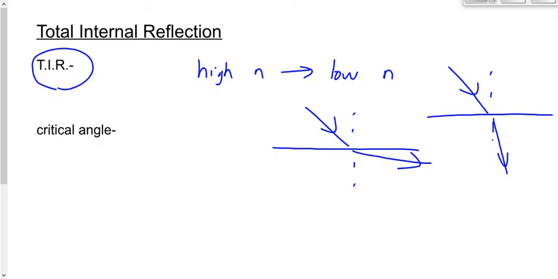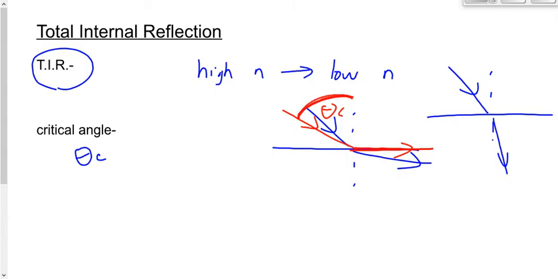Now, critical angle is that minimum angle at which total internal reflection begins to occur. So if we draw this, reflection isn't occurring right there, but if we draw an angle of incidence a little bit bigger here, and we see that that refracted ray doesn't really refract, but rather skips along the boundary, that's the point at which reflection begins to occur. This angle, as measured from the normal line right here, this would be our critical angle.